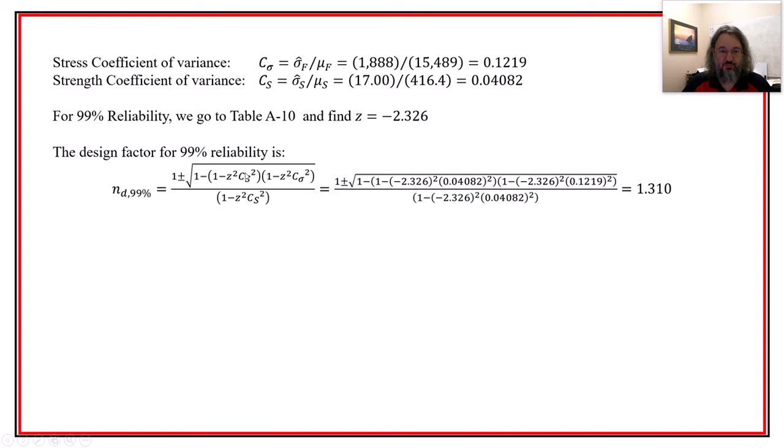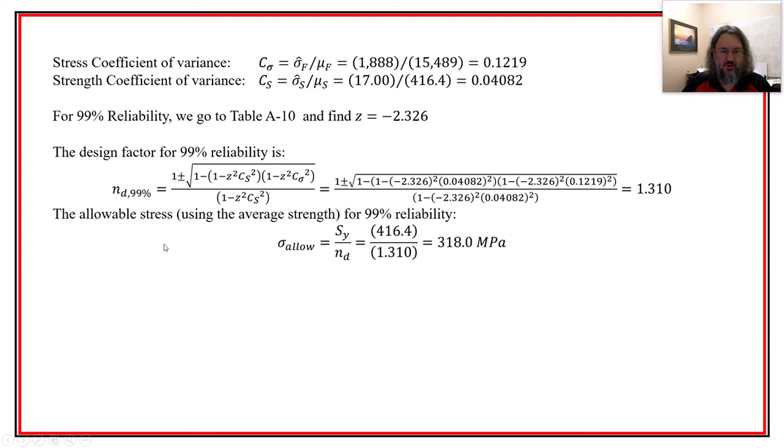So we go ahead and plug this into that equation right in there, mindful of the plus and minus. It's going to definitely be a number that's greater than 1. So here's the design factor that we would use, right? So using that, the allowable stress, therefore, with that design factor is 318, right?